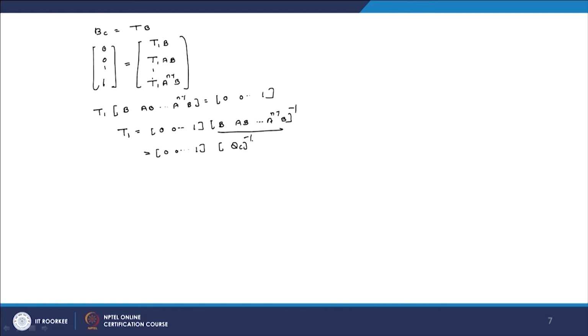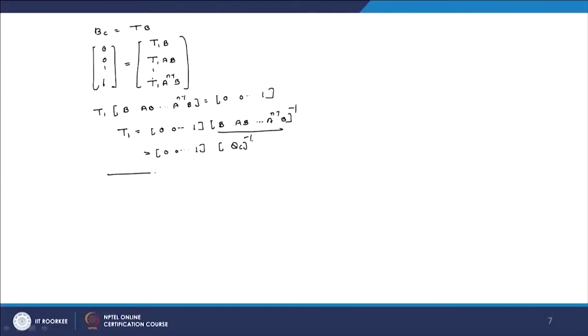Now we come to the final equations, that is, the final formula of the controller design. In order to get the final formula, we go to the basic control law. My basic control law says U equals minus Kc x plus R. This is my control law.